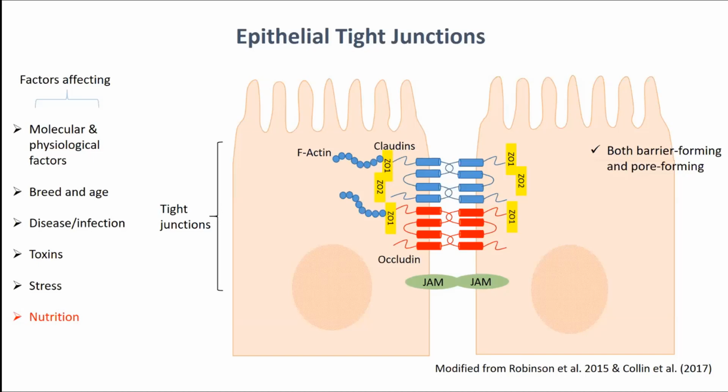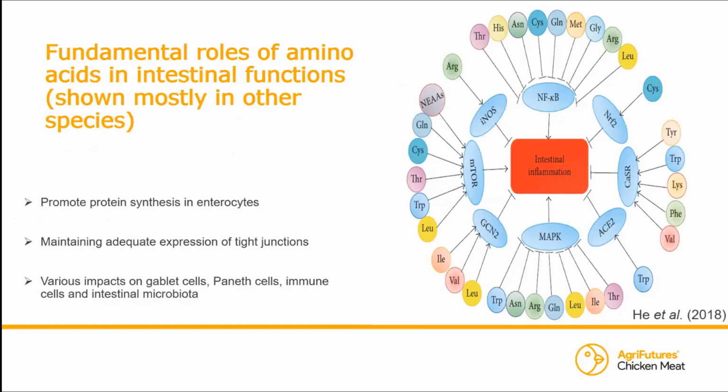In this particular project, which was completed last year, we looked at amino acids as a nutritional factor, and stress stimulated by glucocorticoids as a model. As background on the role of amino acids, we chose those particular nutrients because they are known to be fundamentally important in various intestinal functions.